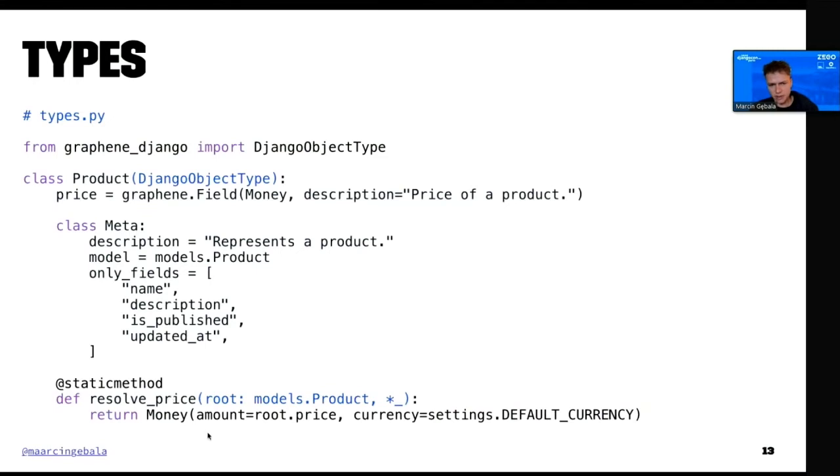Basically, the resolver tells the framework how to return data for our field. Root is an instance of our model here. Using this, we get the price field from the instance, plus we get the currency from settings, and we use that to return the money type, which represents the price of a product.